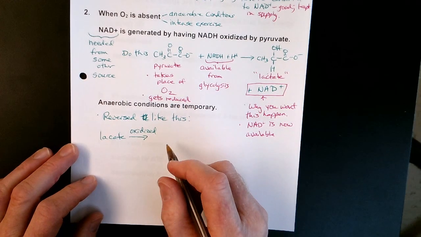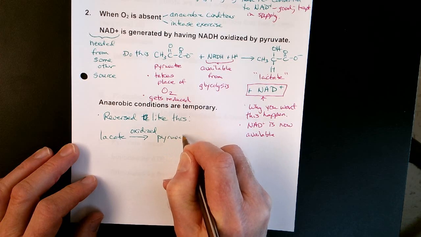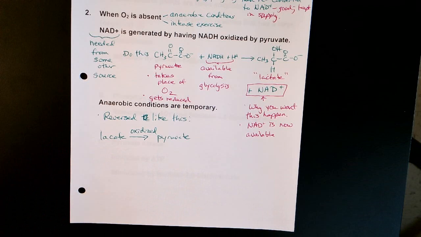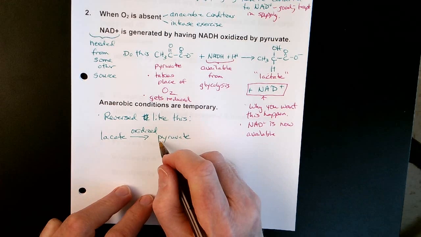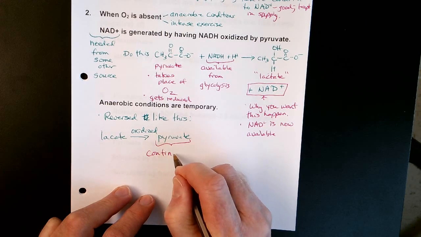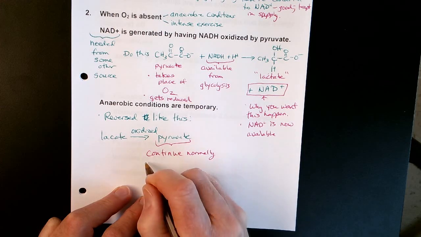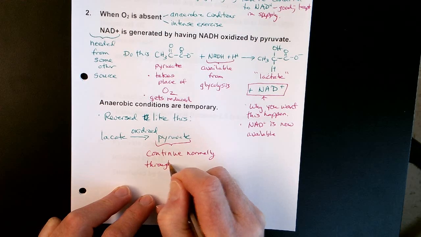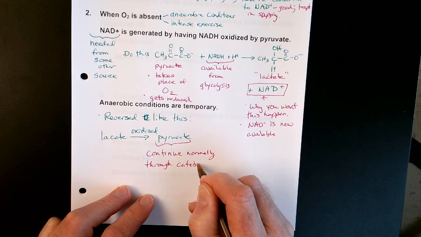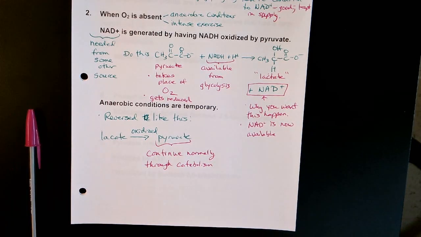It gets oxidized back to pyruvate once the crisis is over, and then the pyruvate is going to continue as if nothing ever happened. Now that is not the part of the chapter we're in yet. We're not in catabolism of pyruvate. We're just stopping there because that's where glycolysis ends.